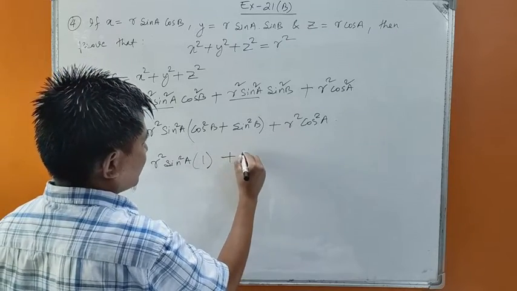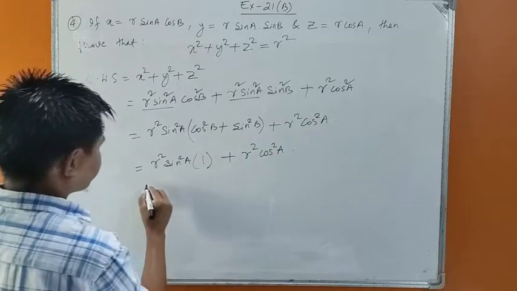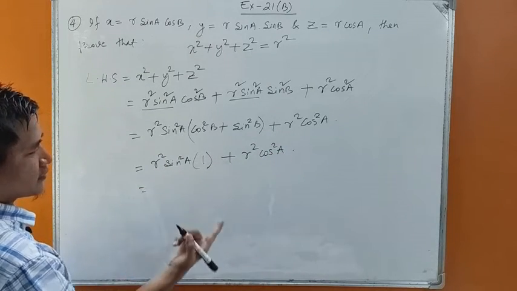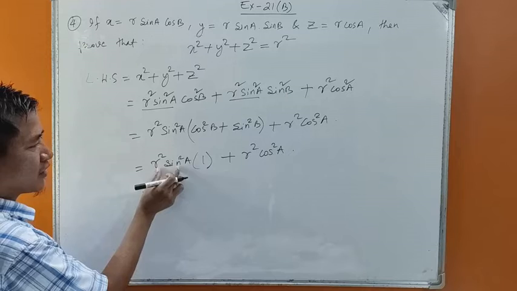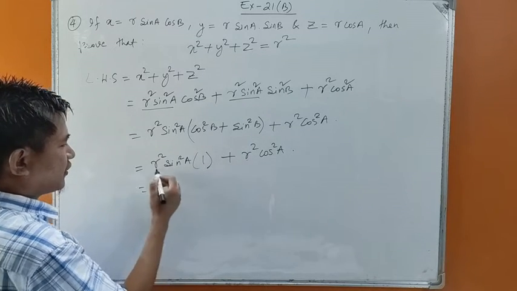Plus we have r square cos square A. So this thing into 1 is same thing, r square sin square A into 1 is r square sin square A. So you can take r square common from here and here.